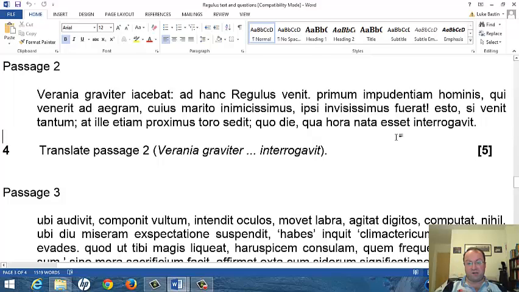Okay, right, really quick recap on section 2, just put it all together. Verania was lying grievously ill. Regulus came to visit her. Firstly, the impudence of the man who came to a sick woman for whose husband he had been most hostile, and to her herself he had been most hated.